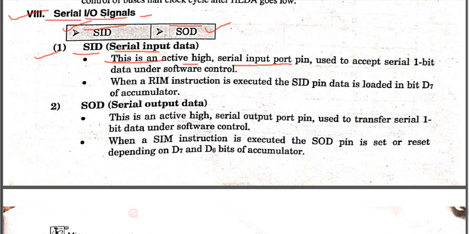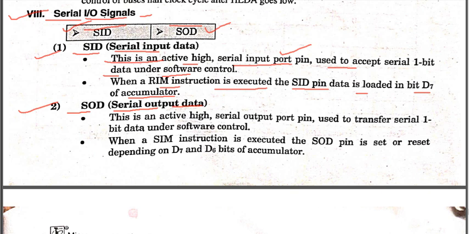This is the active high serial input port pin used to accept serial 1-bit data under software control. ठीक है, तो SID जो है वो active high signal है that accepts the serial input data as input in the port pin. So when the RIM instruction is executed, the SID pin data is loaded into D7 of the accumulator.